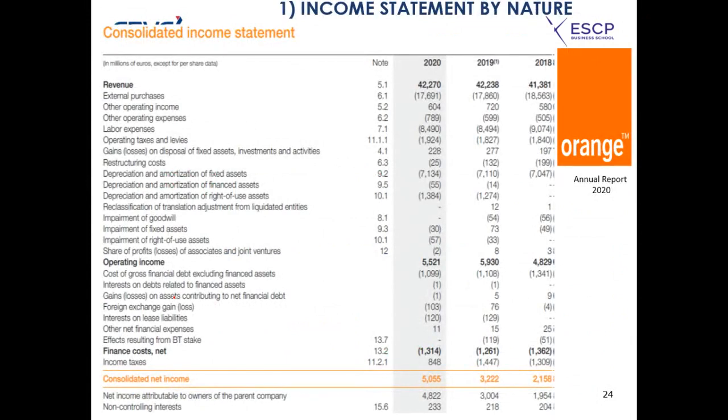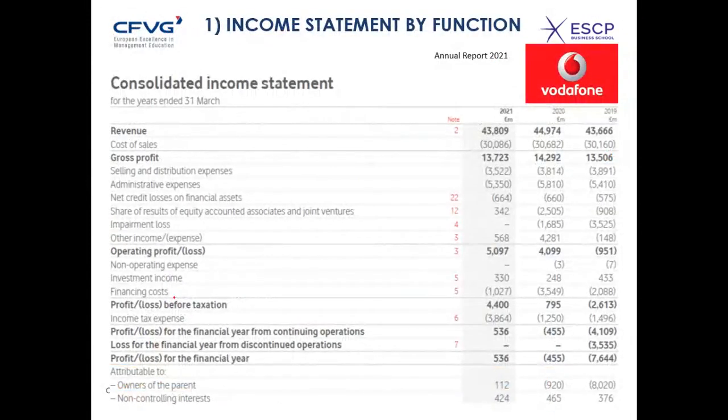Here, for example, I have Orange. And here I have Vodafone. And here we have a two-statement approach, because I have on one page the income statement, revenues minus expenses, and it ends with profit or loss of the financial year.